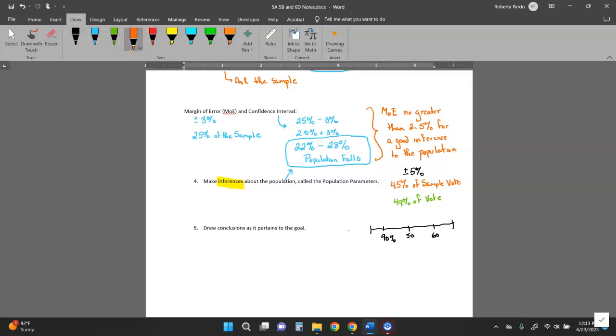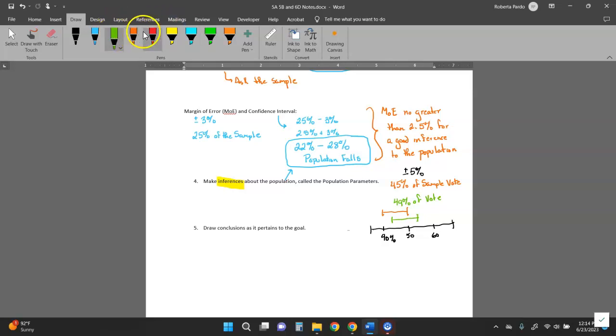So for this first candidate, the population would be anywhere between 40% and 50%, since 45 minus 5 is 40%, and 45 plus 5 is 50%. But with the second candidate, 49 minus 5 is 44%, all the way up to 54%.